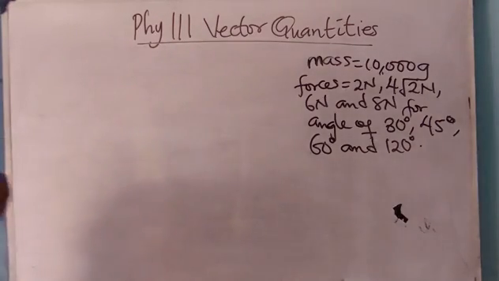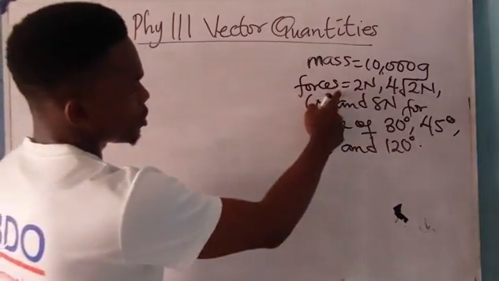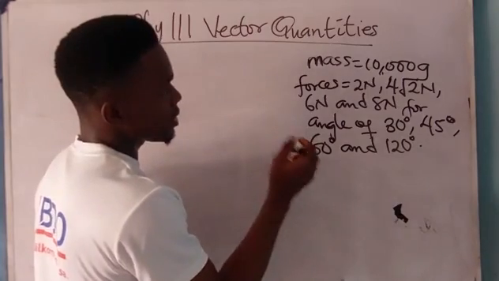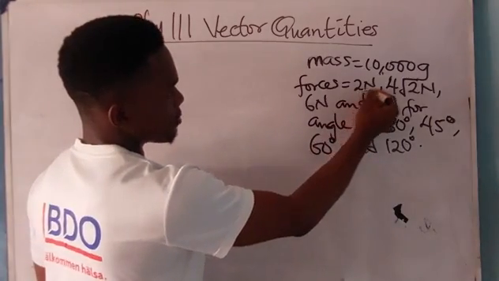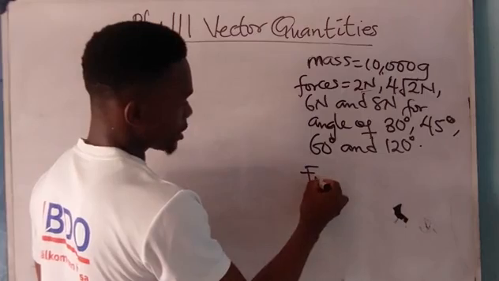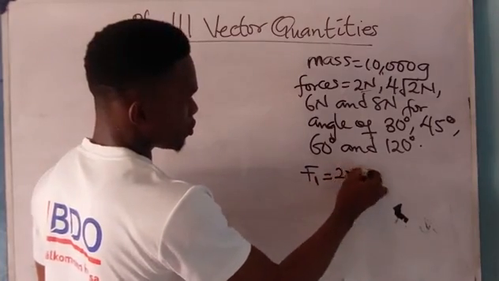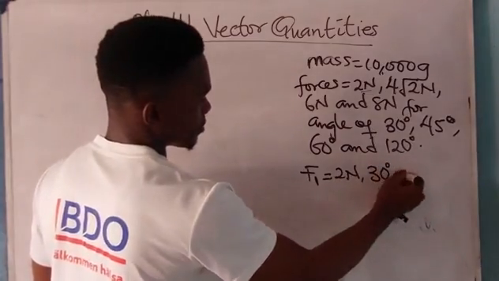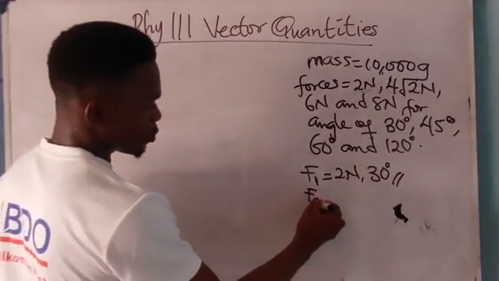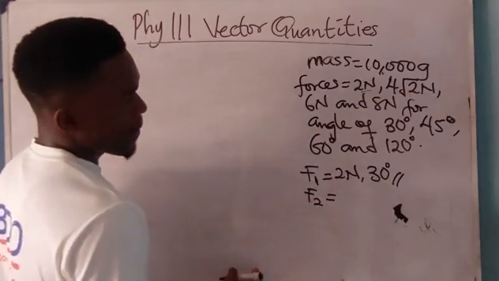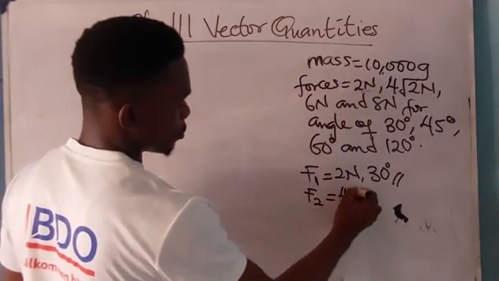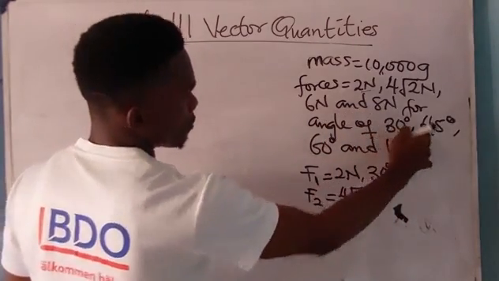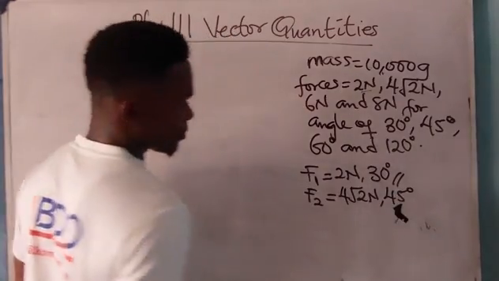Now from this question, they said respectively, which is very important. It means that the first force, force 1, equals 2 Newton, and the angle is 30 degrees. Then F2 equals 4 root 2 Newton, and the angle is 45 degrees.